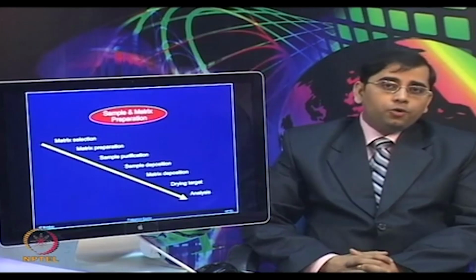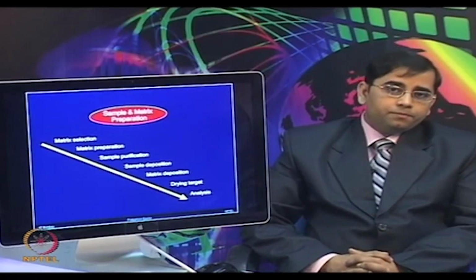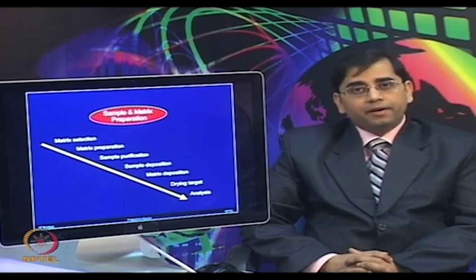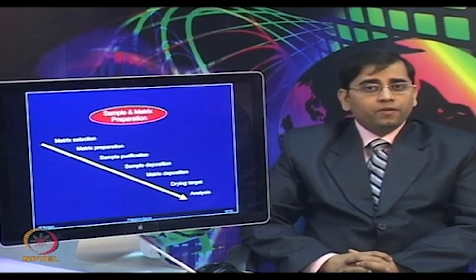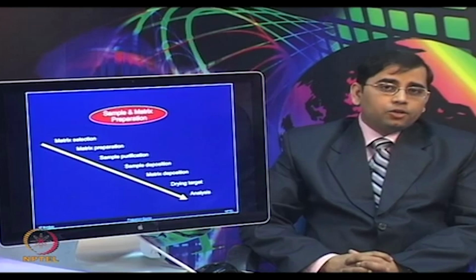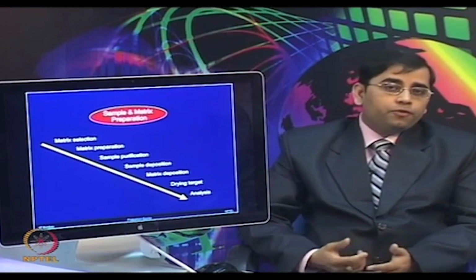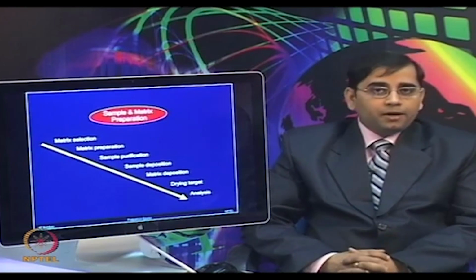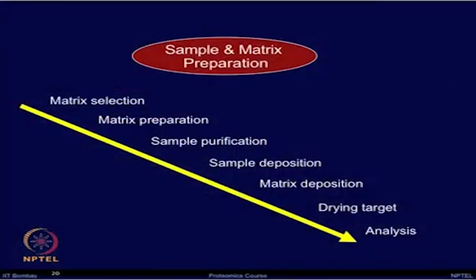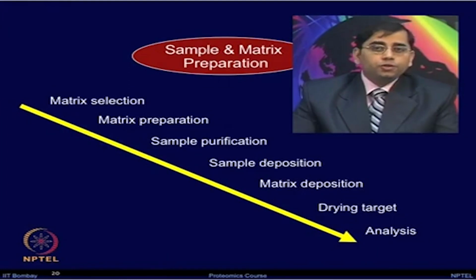So, now you know how to perform the cleaning step by using ZipTips. Now, you have the sample ready and you have selected the matrix. Let me show you the various steps involved before you can actually start the MALDI experiment. You need to select the matrix, prepare the matrix, and you have already done the sample purification.